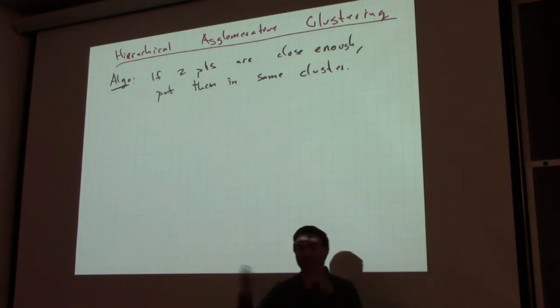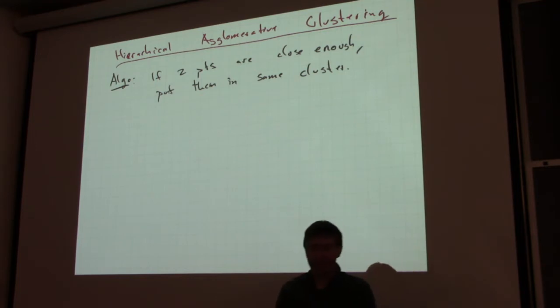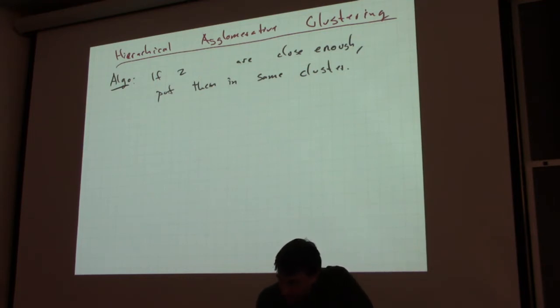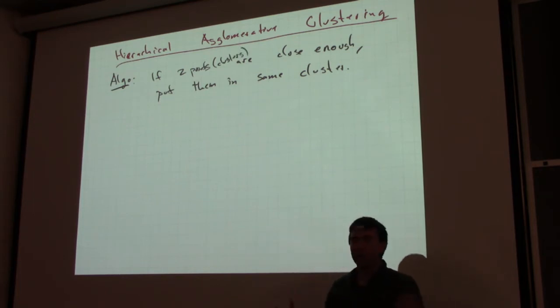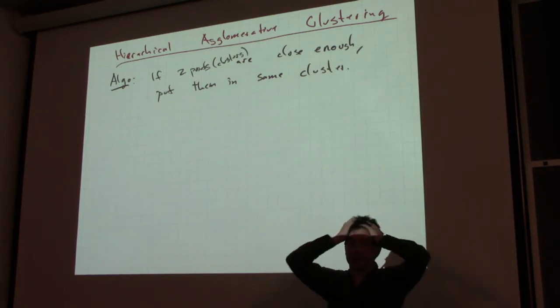Okay, so if I find two points which are close enough under some distance measure, let me modify this a little bit. If two points, or I'm going to say clusters, are close enough, I'm going to merge them together into the same cluster.